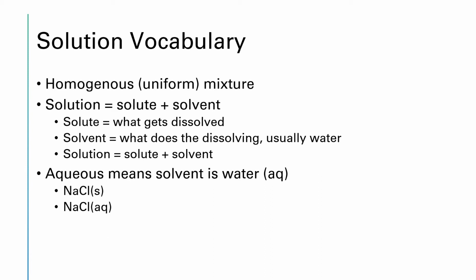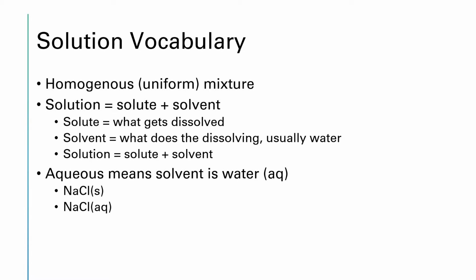It's possible to have more than one solute as well. So the solute is what gets dissolved. The solvent dissolves the solute. Very often with the problems we'll work, we're assuming that the solvent is water, but it doesn't have to be. And then the solution is that combination of the solute and the solvent.